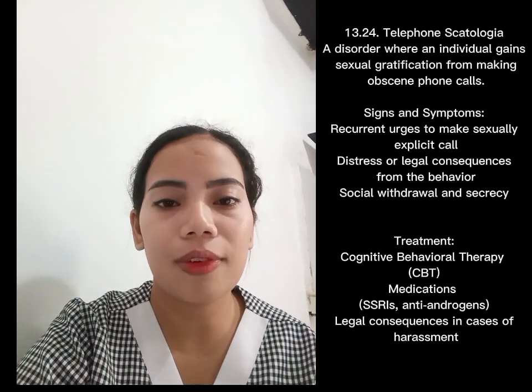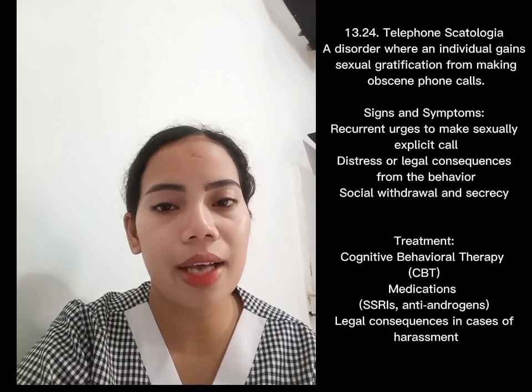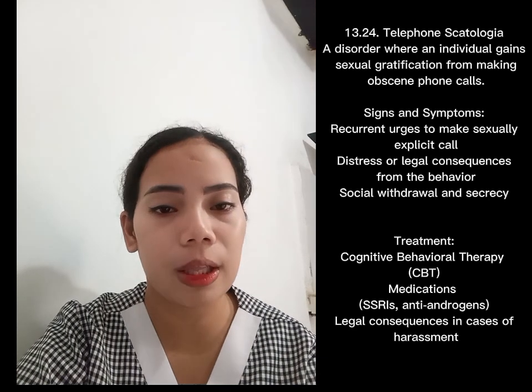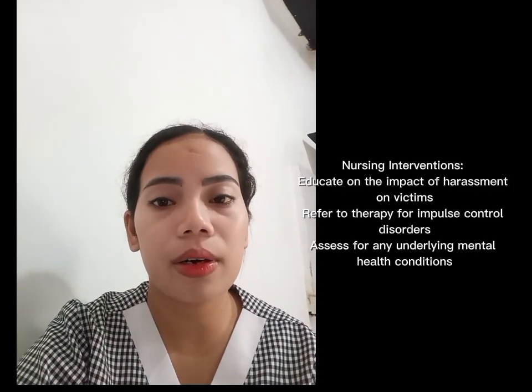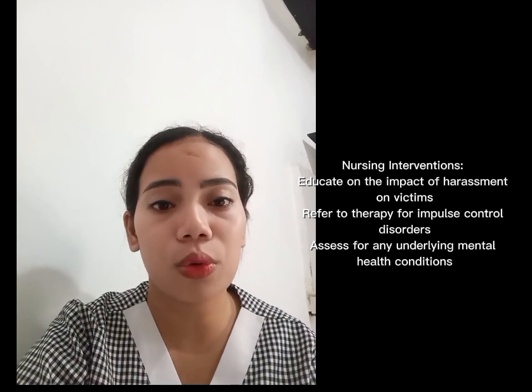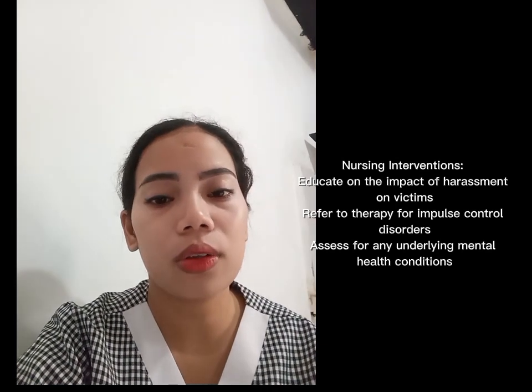For the treatment, we have cognitive behavioral therapy. For the medication, we have SSRIs and anti-androgens, and legal consequences in cases of harassment. For the nursing intervention, educate on the impact of harassment on victims, refer to therapy for impulse control disorder, and we should assess for any underlying mental health condition.